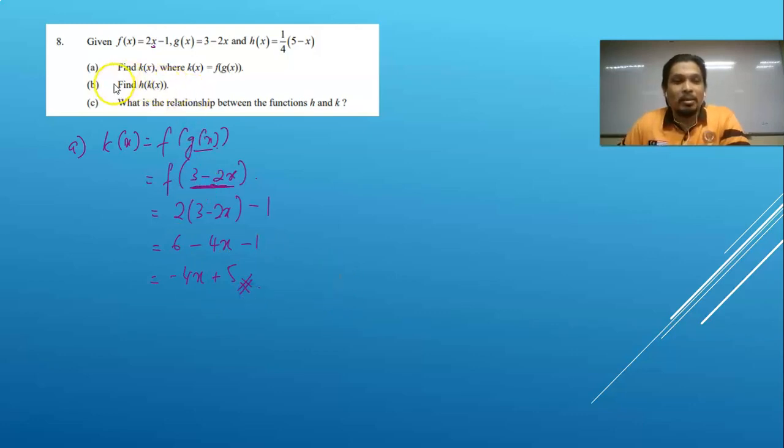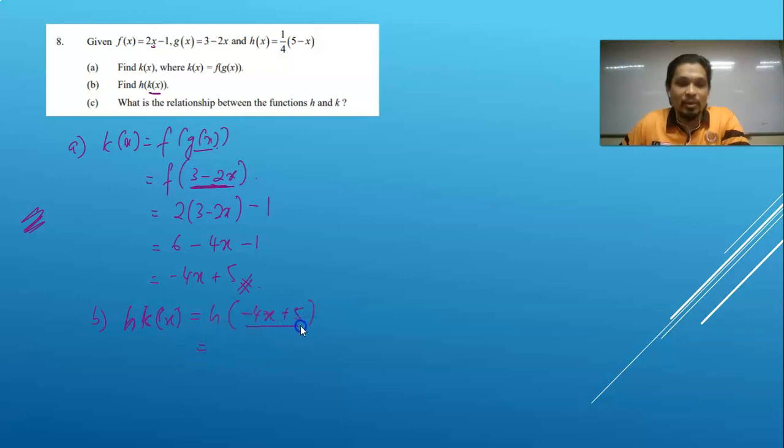Okay. Find k(x). Just now, we have found that the function of k(x) is a composite, a combination between f(g(x)) here. So we're going to use this one into this function of h. So question B, h(k(x)), okay. First of all, write down the function of k(x). k(x), it is -4x plus 5.